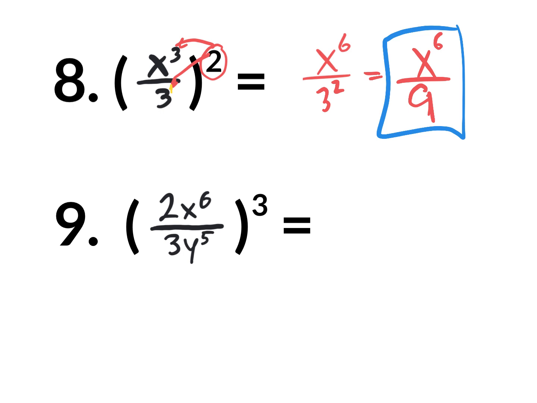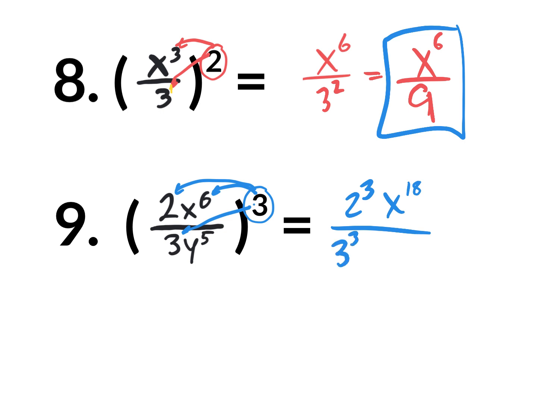Moving on to the next one, almost identical process. You take the outside exponent of 3 and put it on each and every other exponent. So you're going to put the 3 right there on the 2. That'll be a 2 to the 3rd. We're going to put the 3 on the 6. 6 times 3 is 18. So you have x to the 18th. And it's over. Distribute the 3 to the 3. That's going to be a 3 to the 3rd. Distribute 3 on the 5. That'll be a y to the 15th because of power to a power you multiply.